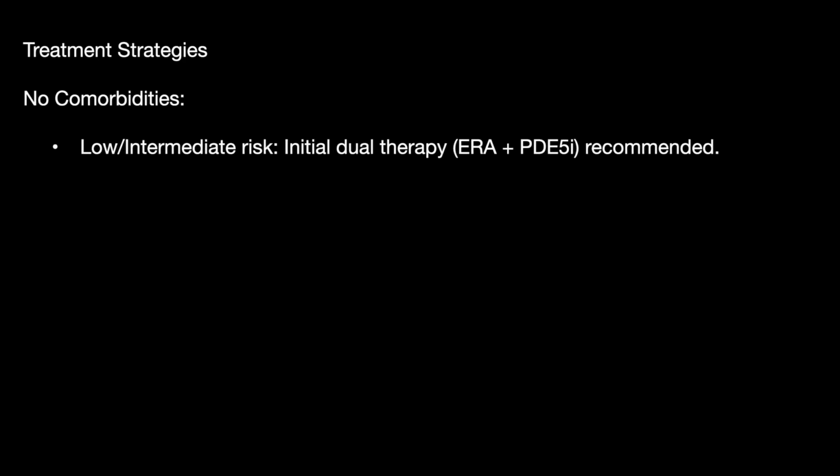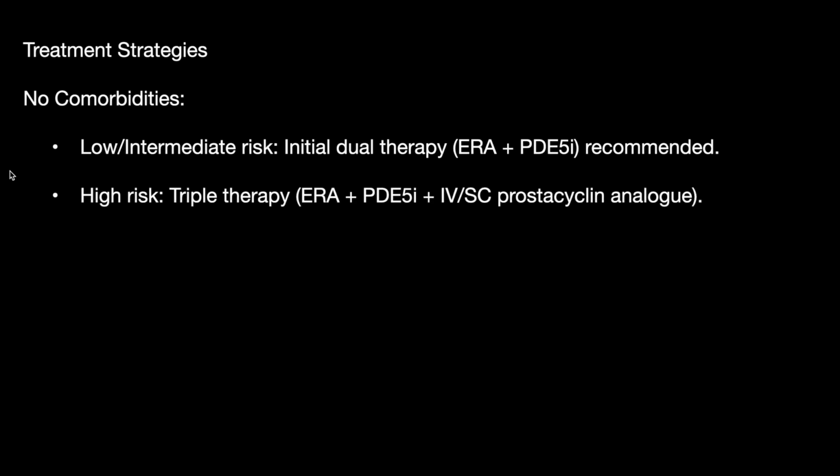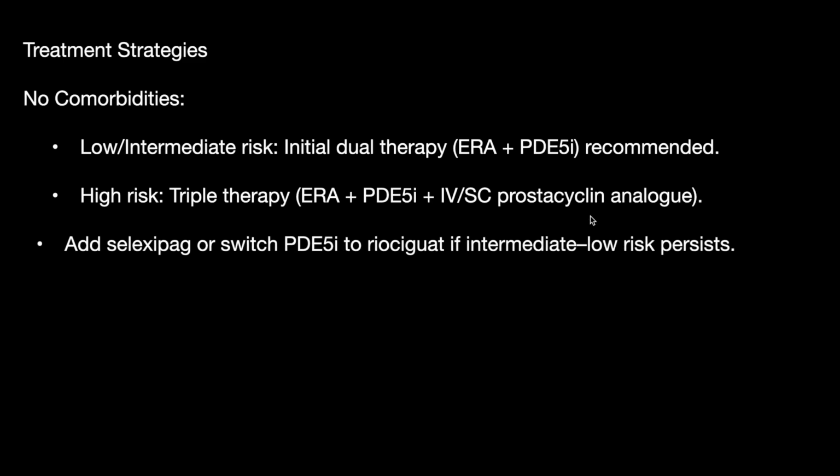Treatment strategy: if the patient has no comorbidities, then for low and intermediate risk, initial dual therapy, start with the ERA and the phosphodiesterase 5 inhibitors. For high risk, start triple therapy, that is these two plus IV or subcutaneous prostacyclin analogs.